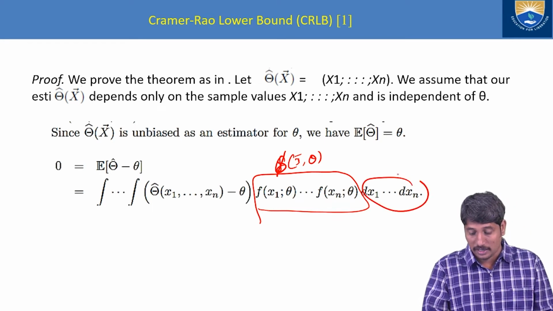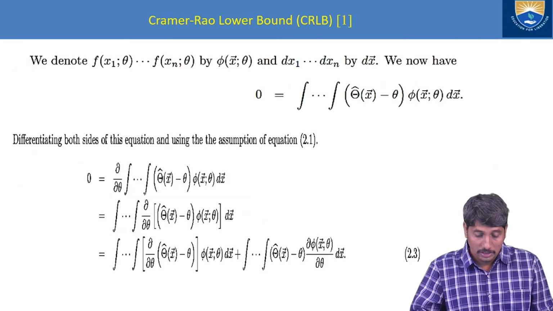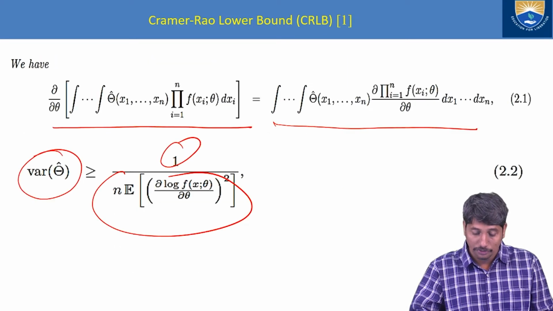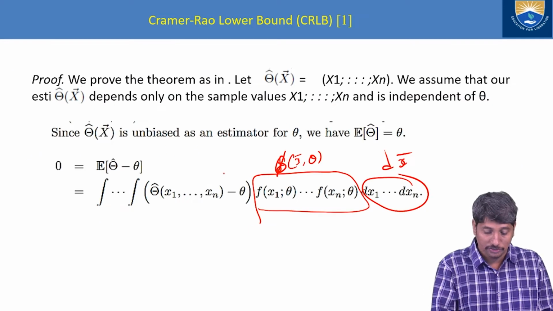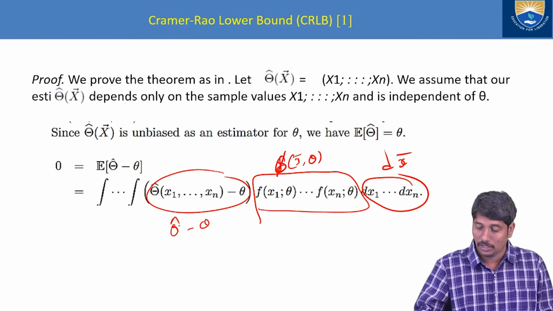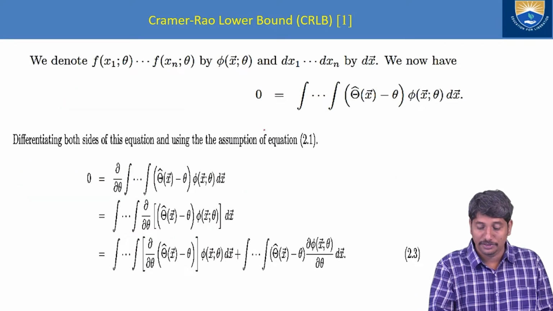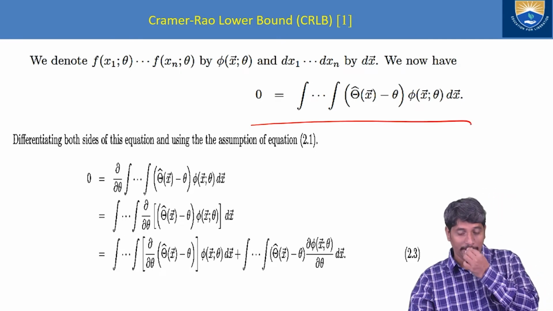We are denoting this as d of x bar. And for simplicity's sake, we denote it as phi cap minus theta. So automatically this will be compacted into this version.